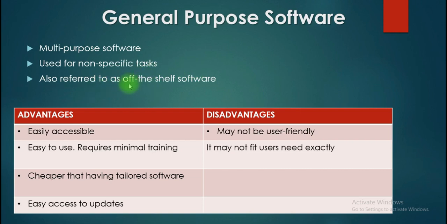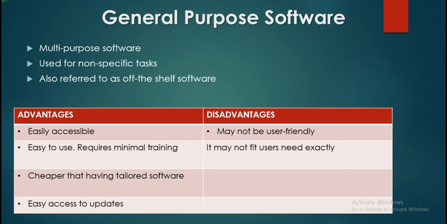They are also referred to as off-the-shelf software, which means that one can walk into a computer store, for instance. Yes, and I know that nobody really nowadays walks into a computer store to buy software. We know that we download them off the net.